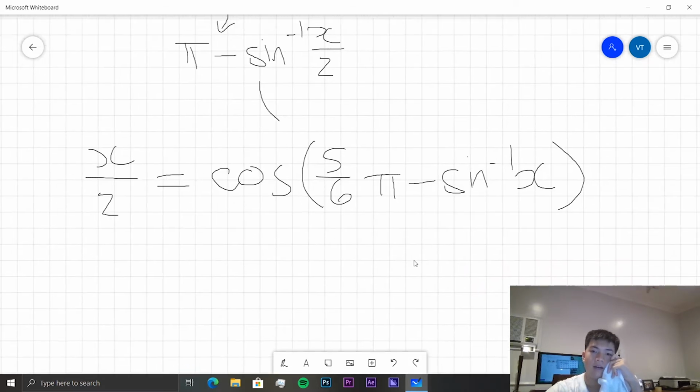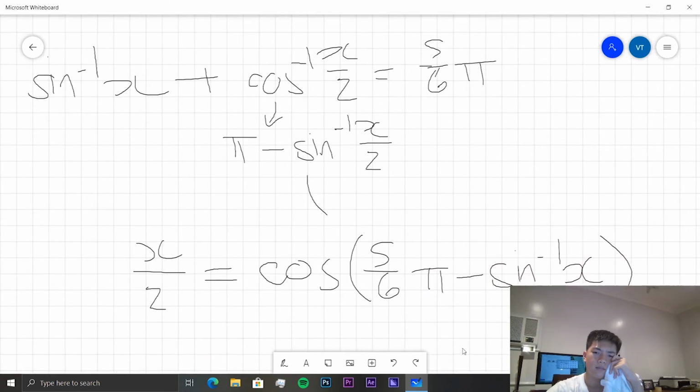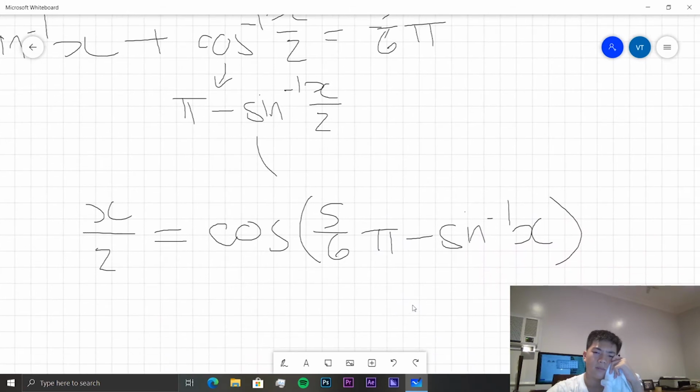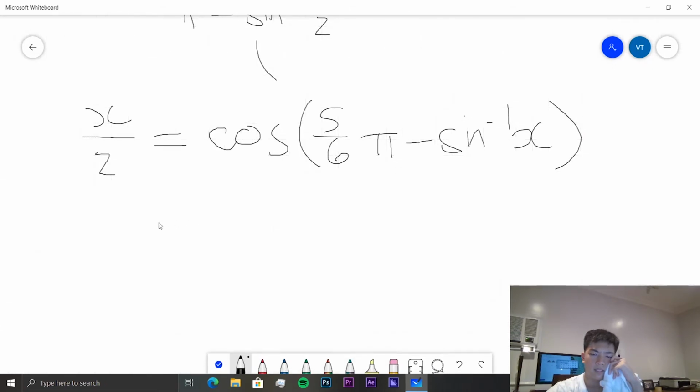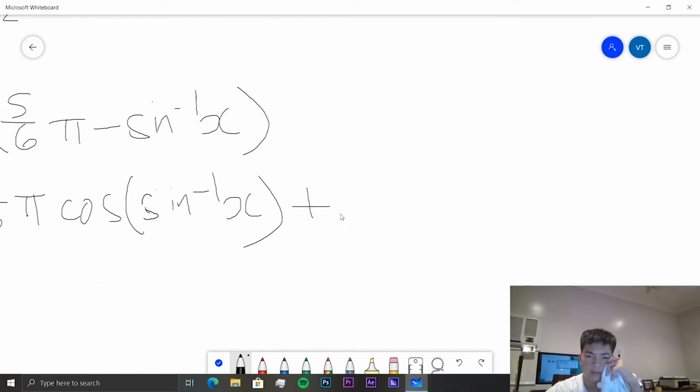Oh, and then use compound. Oh, okay, that's interesting. Would it work? Because then this is equal to cosine 5/6 pi cosine sine negative sine cosine sine to the negative 1 x plus sine 5/6 pi sine to the negative 1 x, which of course cancels out.